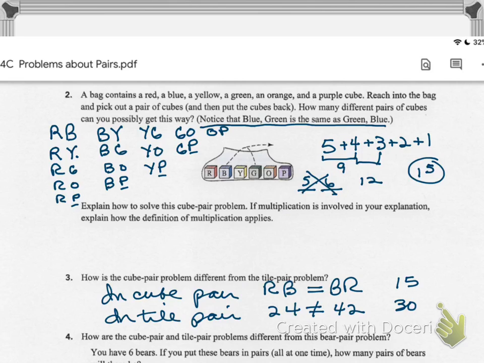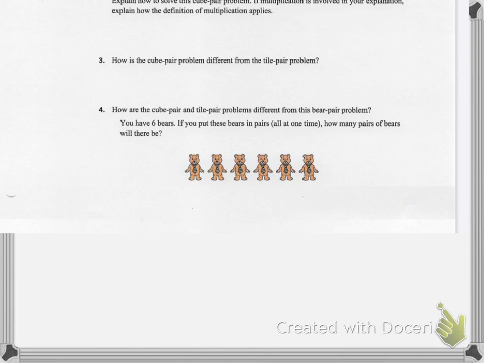Okay, so then let's go to the next one, which talks about these little bears. It says, how are the cube pair and the tile pair problems different from these bear pair problems? The bear pair problem says you have 6 bears. If you put these bears in pairs all at one time, that's how it differs. How many pairs of bears will there be?